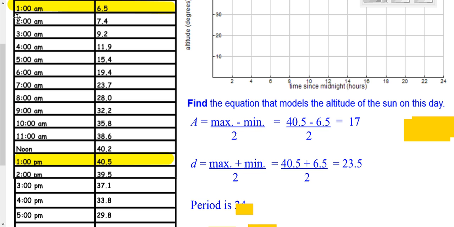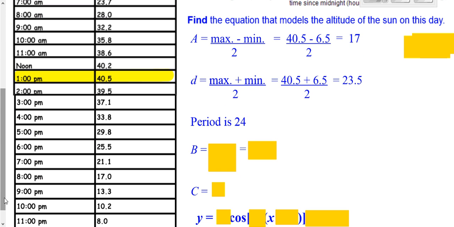Now, in the context of this question here, we're looking at hours in a day, and the sun pretty much from one day to the next day is going to be in a very similar pattern. So how long does it take for it to repeat? Well, that's 24 hours because that's the length of a day. So then we can go ahead and use peanut butter to help us out here. So you could go your period times B equals our normal period.